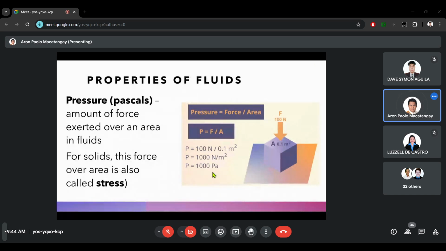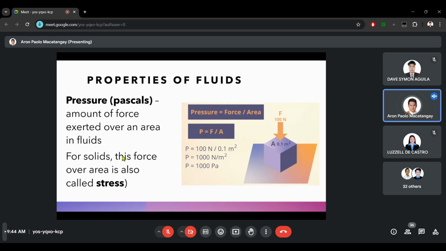For some of you who have already taken up mechanics of deformable bodies, this pressure for solids is also called your stress, or axial stress. For axial stress, you have the same formula, force over area.